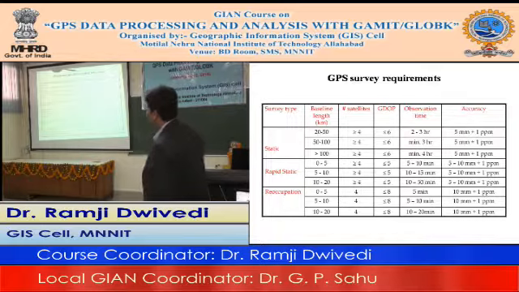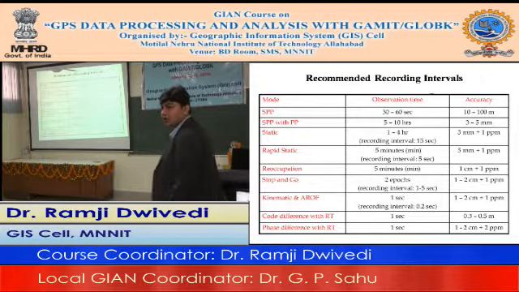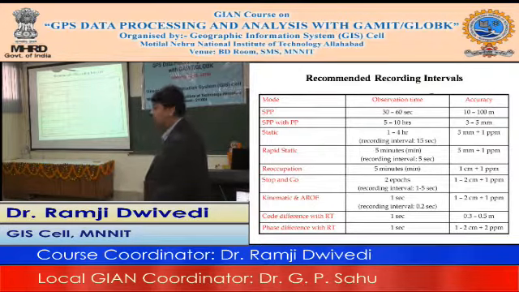Recommended recording intervals: for SPP, single point positioning, 30 to 60 seconds, with 10 to 100 meter accuracy. SPP with phase, 3 to 5. Static, 1 to 4 hours, 5 mm plus 1 ppm. Rapid static, 5 minutes, with a recording interval of 5 seconds. Reoccupation, where you occupy your station again, 1 centimeter plus 1 ppm.